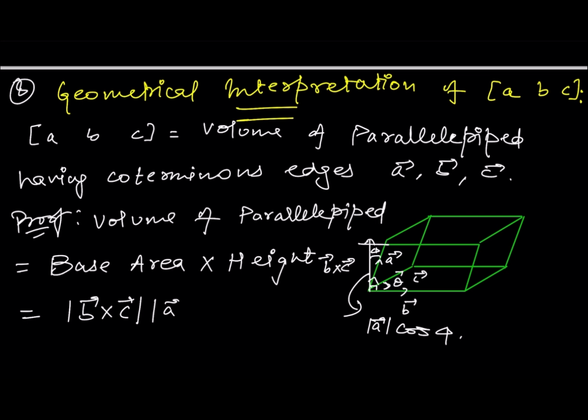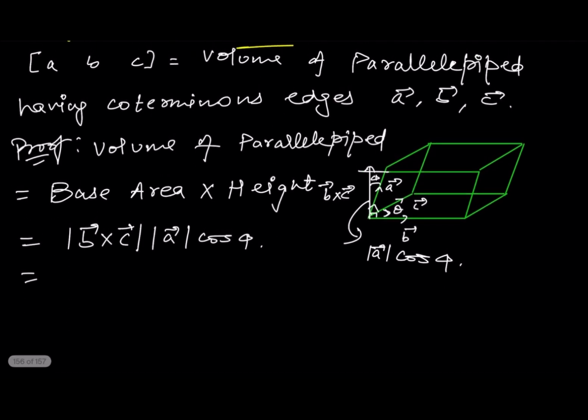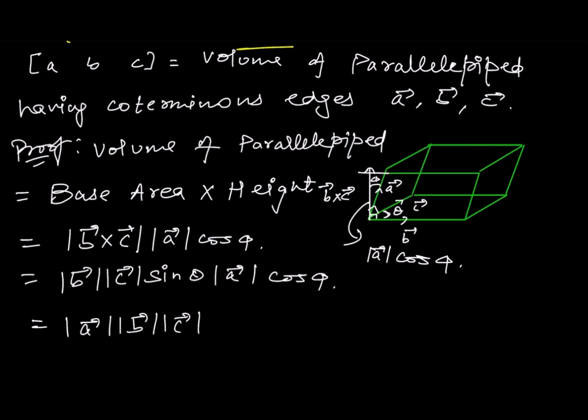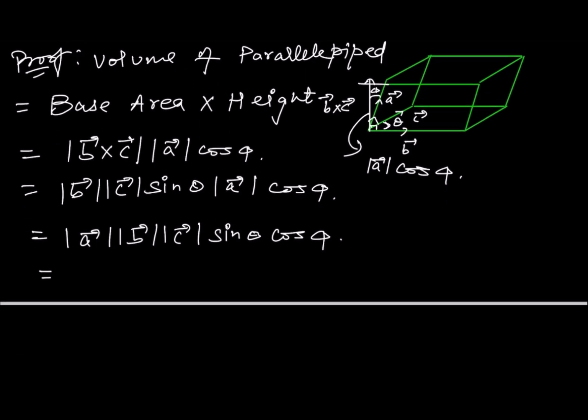Mod of B cross C is mod B mod C sin theta. And this is mod A cos phi. So this will become mod A mod B mod C sin theta cos phi. And we know that this will become box ABC, right?